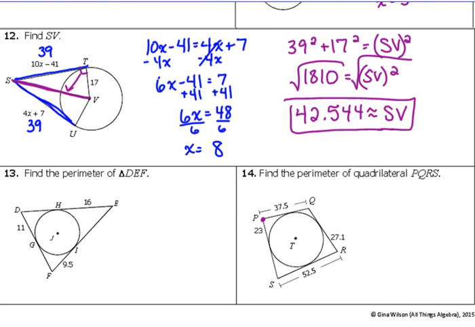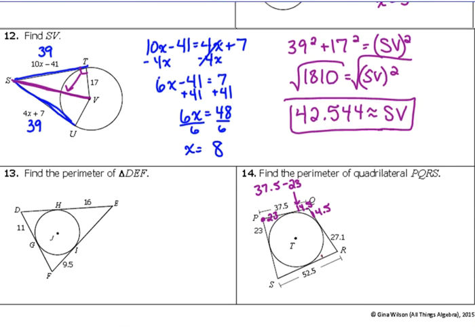If this little piece is 23, then this piece is 23. If the whole side is 37.5, how about we do 37.5 minus 23? 14.5. If that's 14.5, then this is also 14.5.